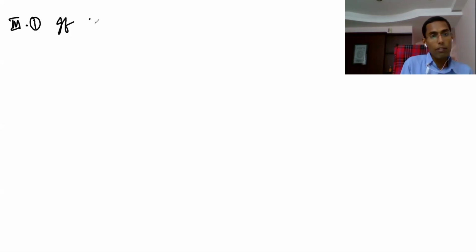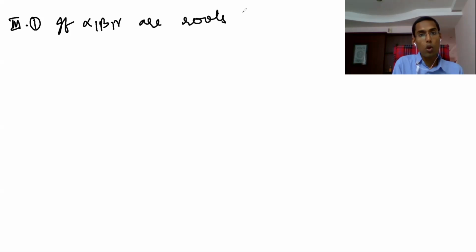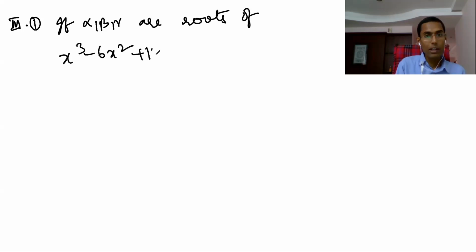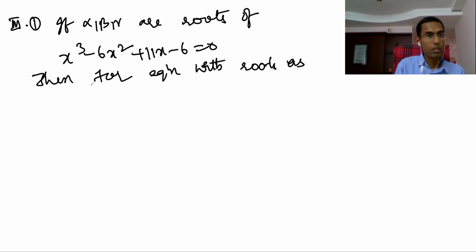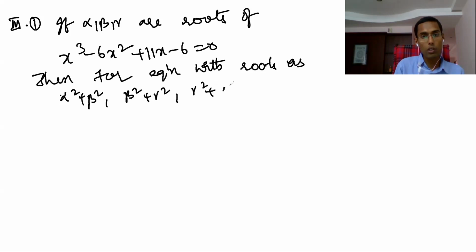If alpha, beta, gamma are roots of this equation he gave, that is x cube minus 6x square plus 11x minus 6 equal to 0, then form the equation with least degree with roots as alpha square, beta square, gamma square.